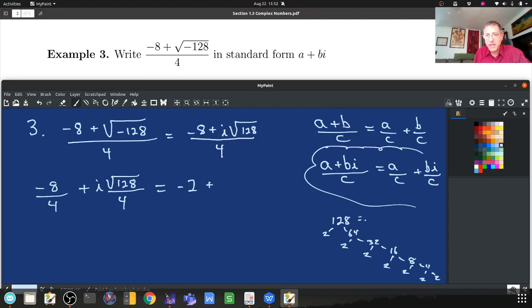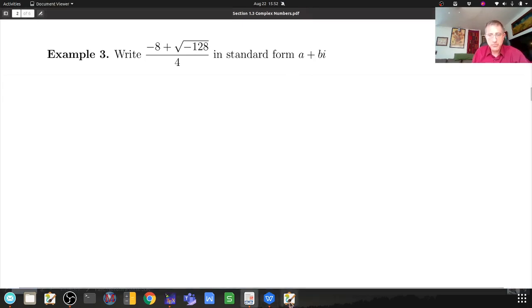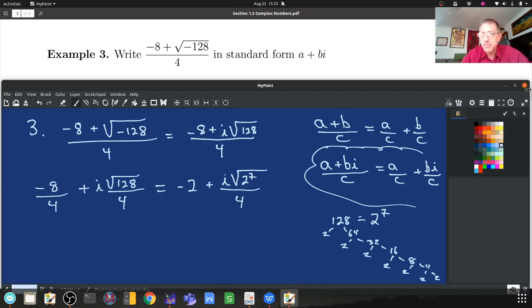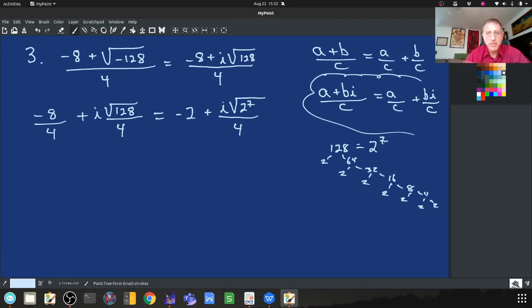So 128 is 1, 2, 3, 4, 5, 6, 7, that is 2 to the 7th power. So that's i times the square root of 2 to the 7th power over 4. So again, we're right here.